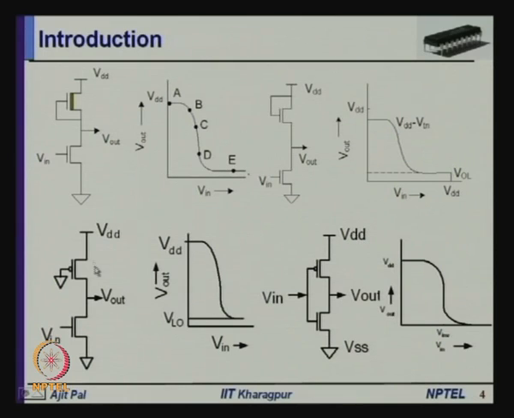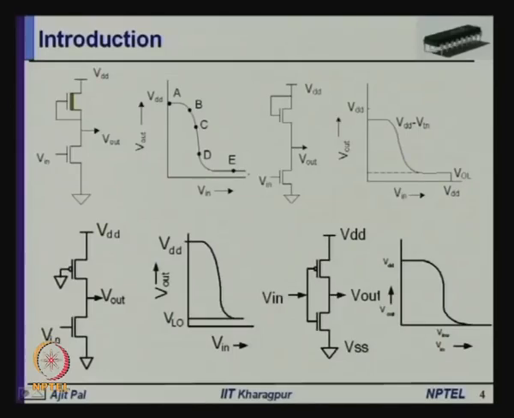In all the cases both the transistors are on when the output level is low or when the input is high level, and as a consequence there will be static power dissipation and obviously they are not suitable for low power applications. But in case of CMOS we have seen both for low level and for high level only one of the two transistors is on, and as a consequence there is no static current flow, and obviously there is no power dissipation when the output is low or when the output is high.